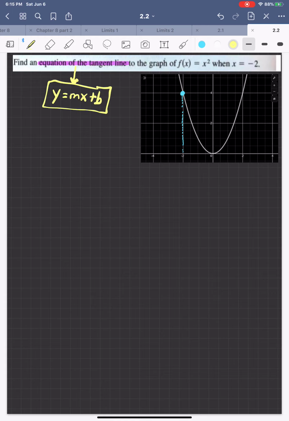So hold on, let's go back to algebra class. Recall that the normal steps to get to y equals mx plus b required some information, right? We would normally use the point slope formula, and this point slope formula was an intermediate step to get to the equation y equals mx plus b.